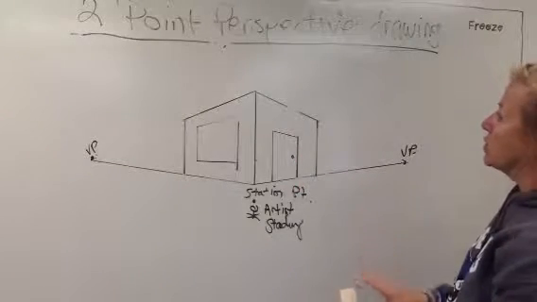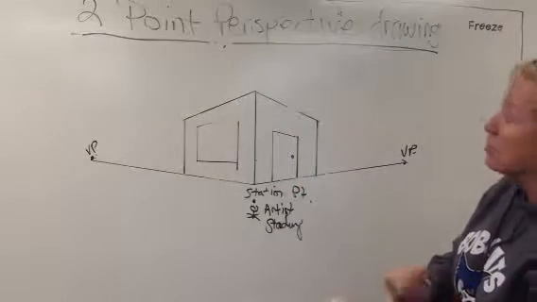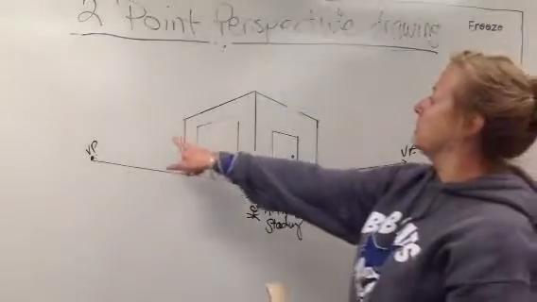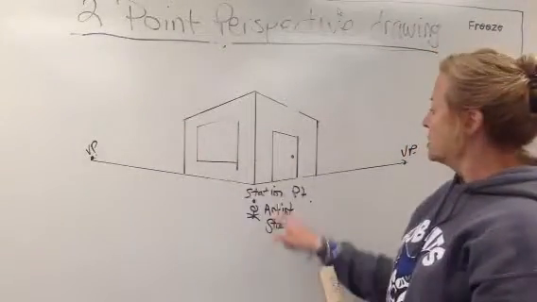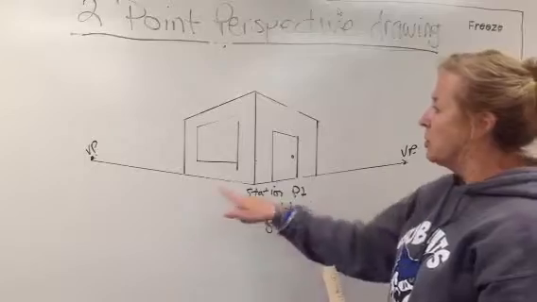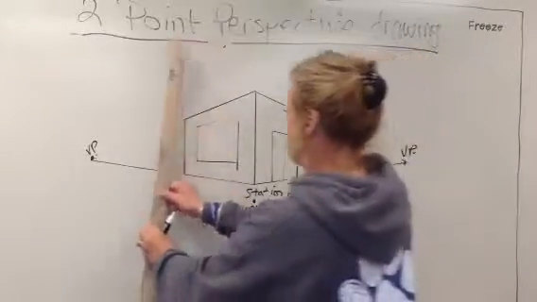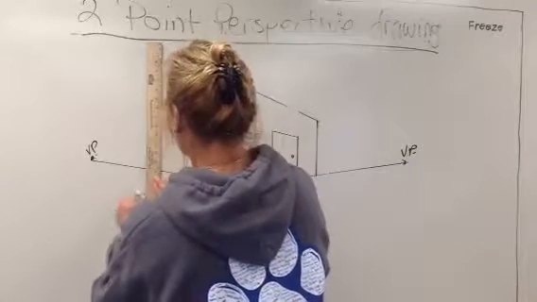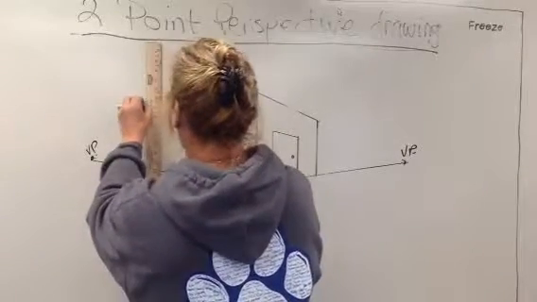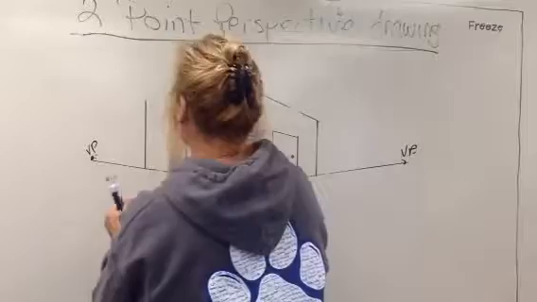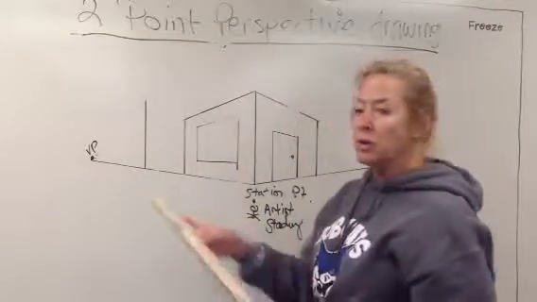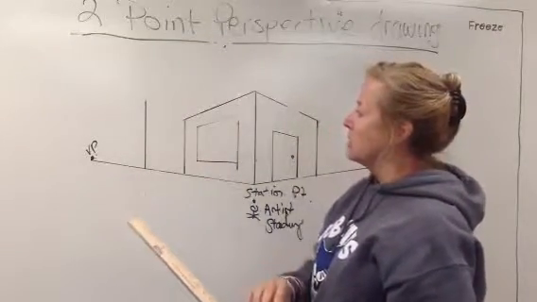Okay, now we have to have 3 buildings, so we'll create our second building over here on the left. The first thing you're going to do is determine where you want that corner of the building to be. You make a station point, and then you draw your vertical line, which is now the corner that you're the closest to of building number 2.